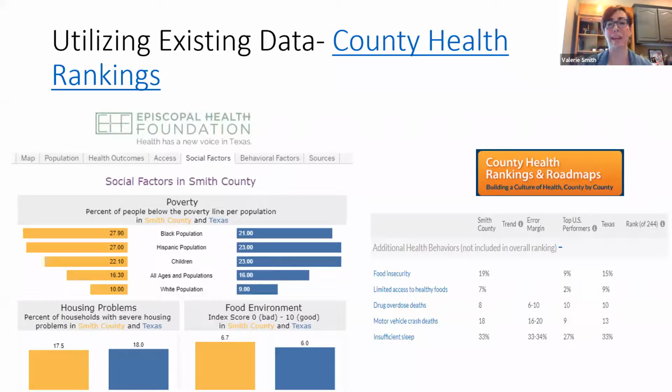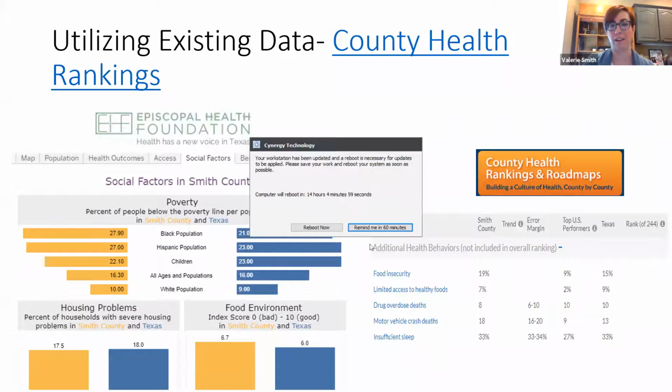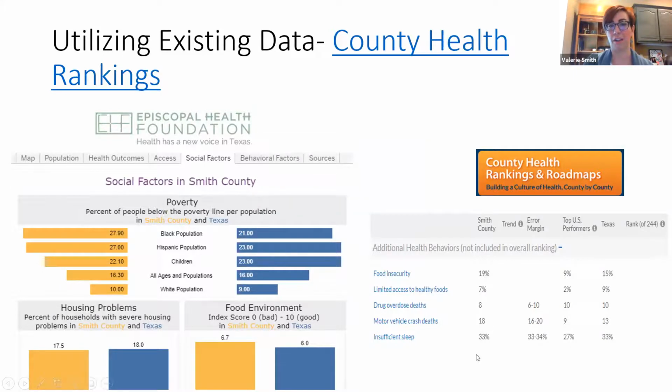So sometimes having the name health on it isn't particularly specific. So the County Health Rankings, the ones on the right side are some of the things that pop up for my particular county, right? Gives us food insecurity rates, also gives us a food access measure, as well as a whole host of other things.